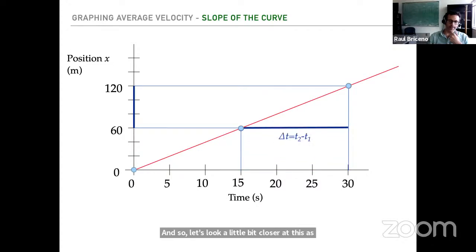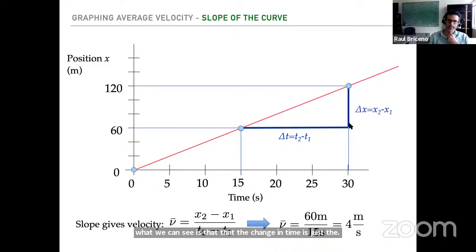What we can see is that the rise is equal to a change in position, and the run is equal to a change in time. And if we remember that the velocity is just a change in position divided by the change in time, that's nothing more than the slope of this graph, right?